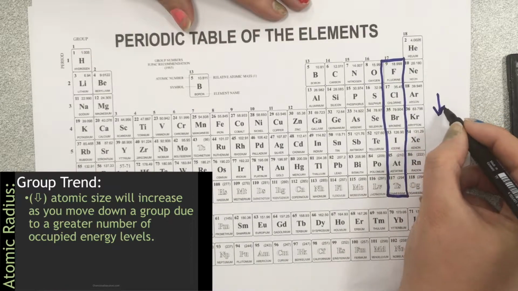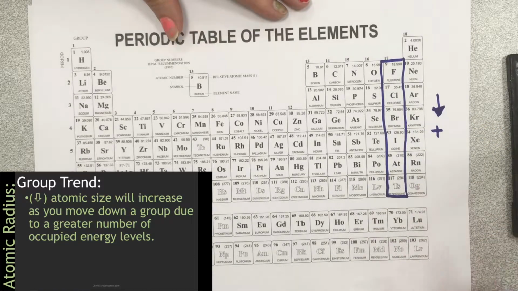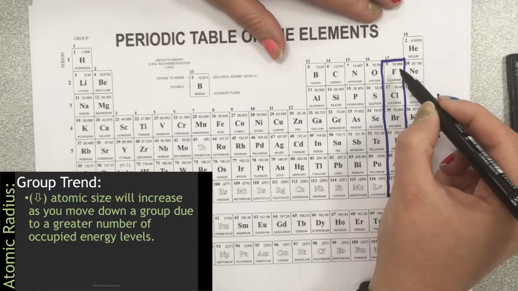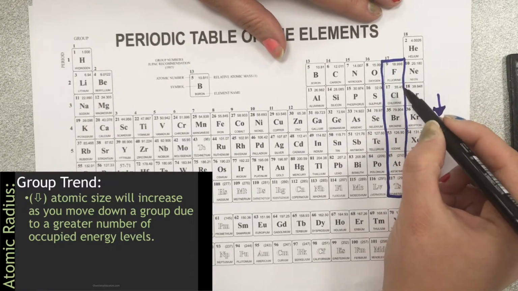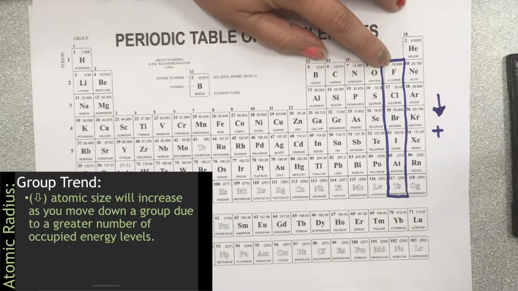As you go down the periodic table, the atoms get bigger, and that's due to the occupied energy levels. Remember, you increase the number of energy levels as you go down.